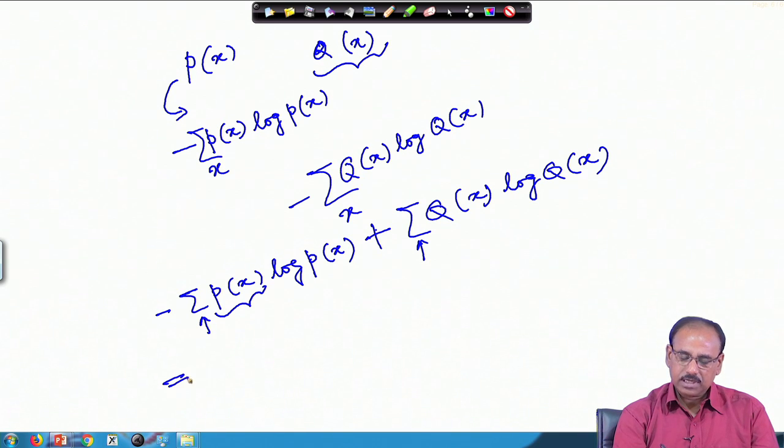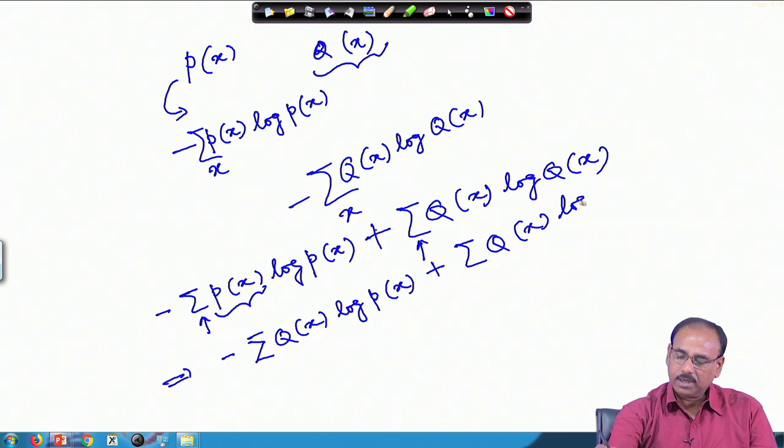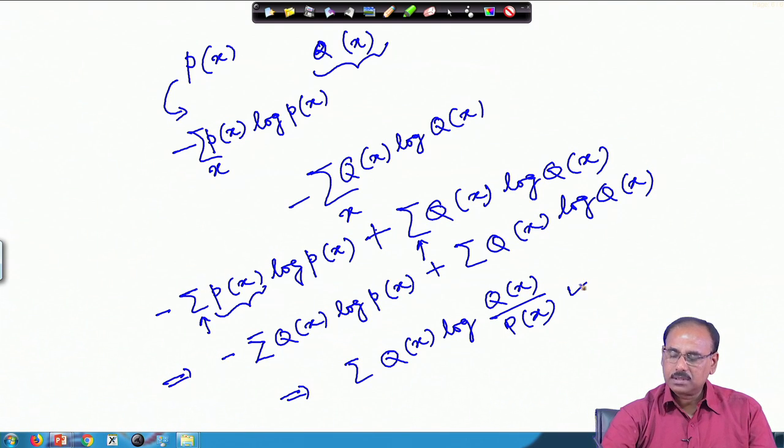So, if I take it with respect to q of x, this simply becomes minus the sum of q of x log p of x plus the sum of q of x log of q of x. Effectively, this is nothing but the sum of q of x log of q of x upon p of x, and this is the KL divergence, which is what we have just said.